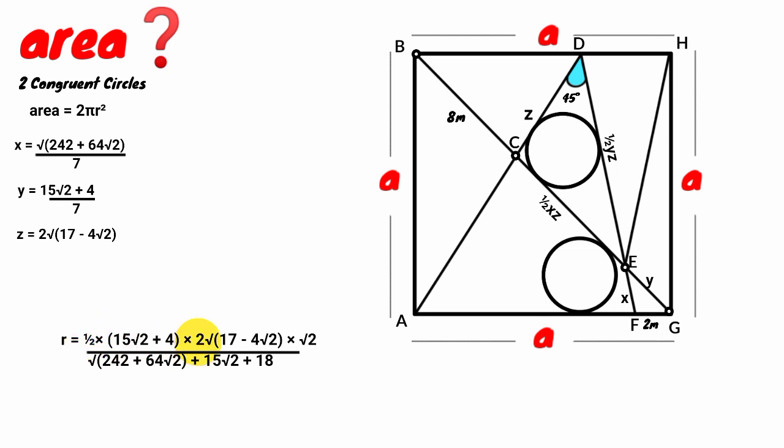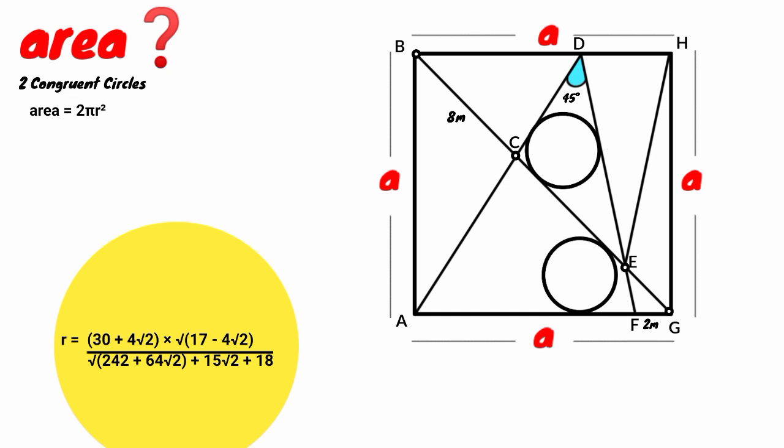This 14 plus this 4 is 18. This 1 over 2 times this 2 is 1. This multiplied by this is 30 root 2 plus 4 root 2. So R equal to 30 plus 4 root 2 multiplied by square root of 17 minus 4 root 2 all over square root of 242 plus 64 root 2 plus 15 root 2 plus 18.